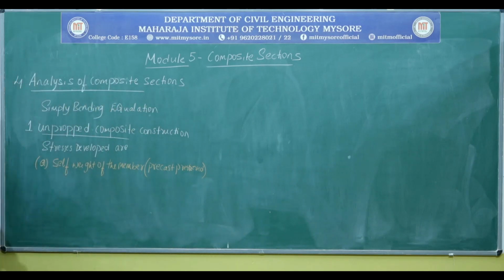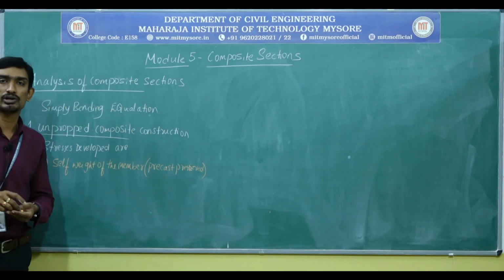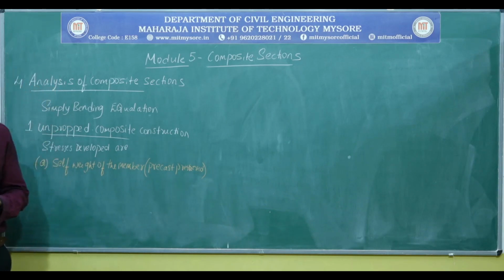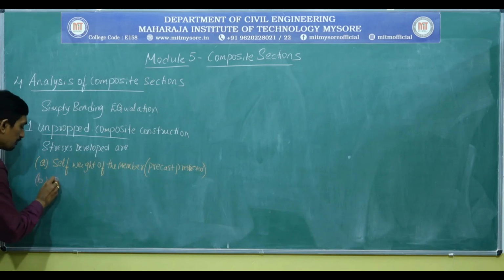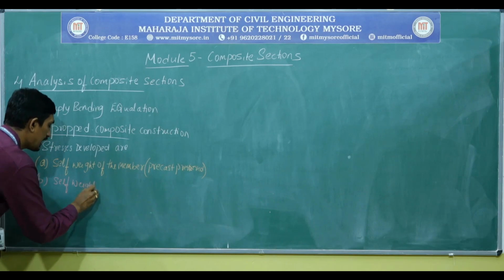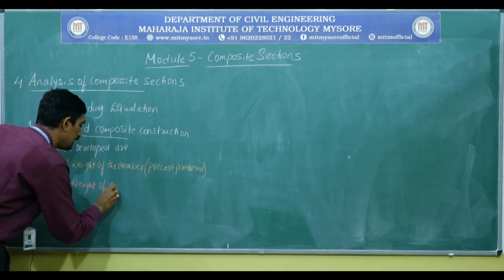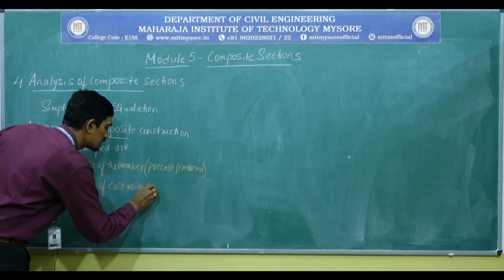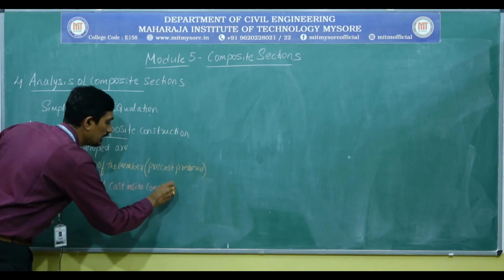So this is the first stress we are going to get. It means stresses developed due to the self weight of the precast. Next, self weight of the cast in situ concrete.